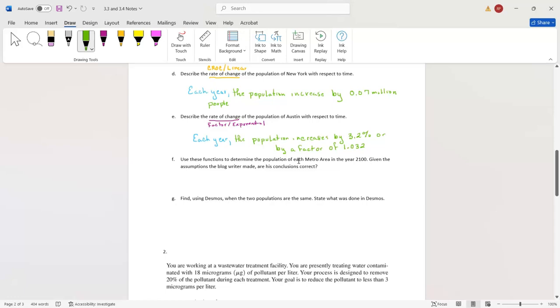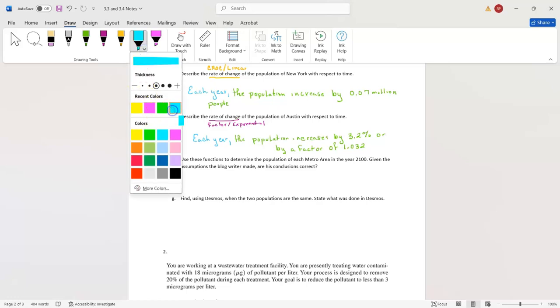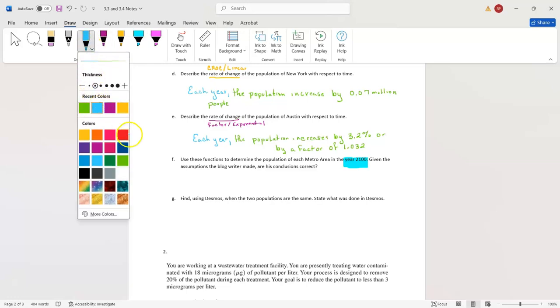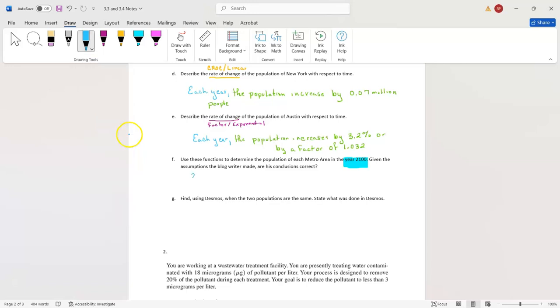So we now want to use these functions to determine the population for each of those metro areas in the year 2100. So we have an input value of 2100, and so we want to know what the population is in 2100, and so 2100 minus the year 2012, because that's when our data is starting, we know that our input value is going to be 88 years.